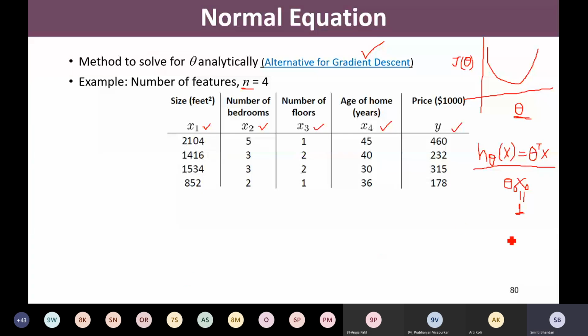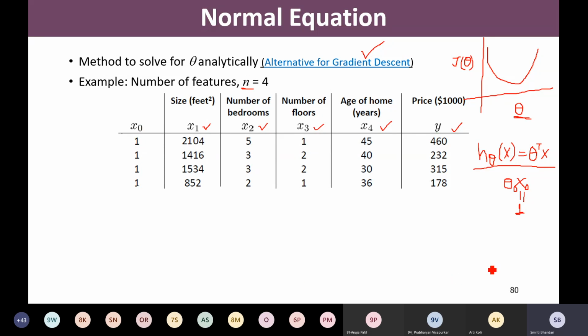So the same concept we are going to make use of here also. What we are going to do next is add one more feature x0. For every sample in our training data set, we are adding this feature x0, and this x0 would always be 1.